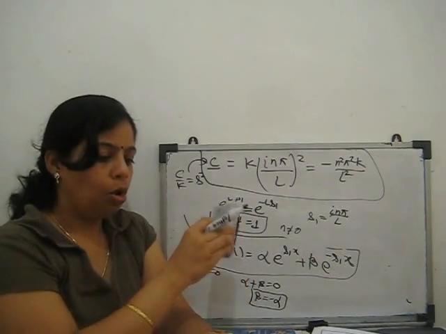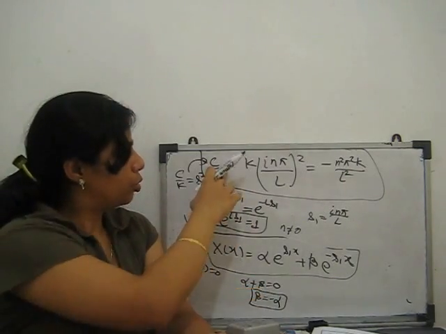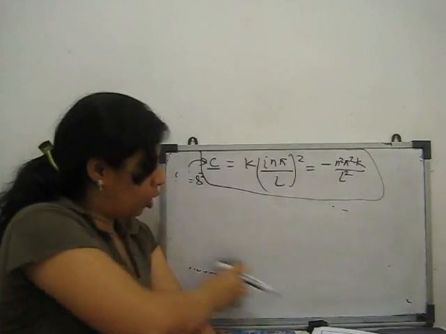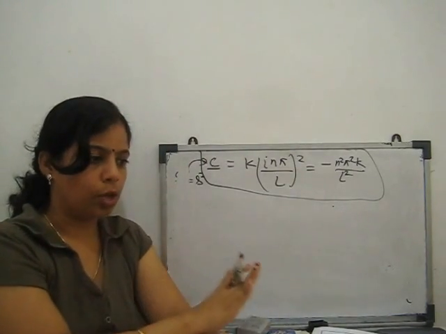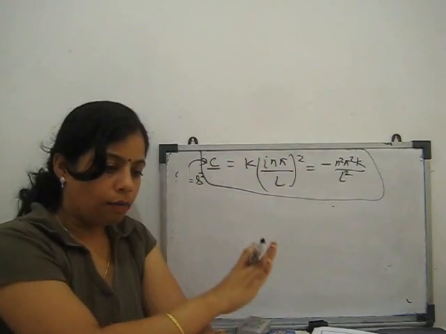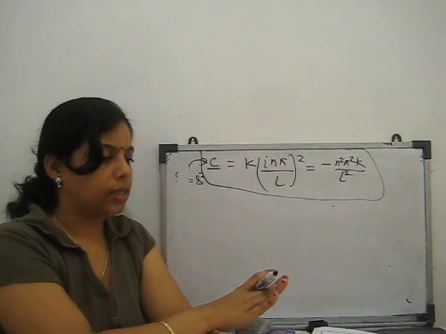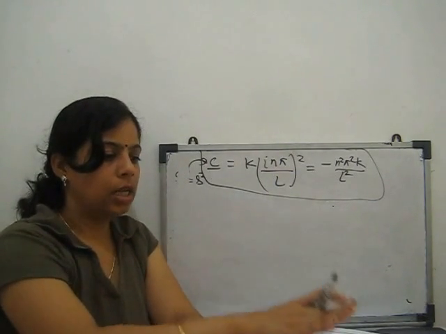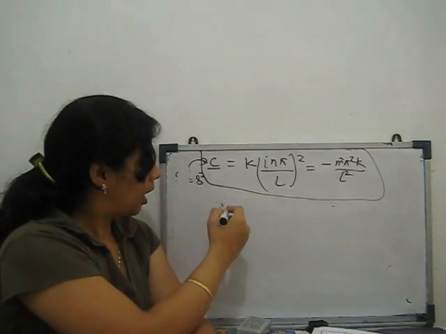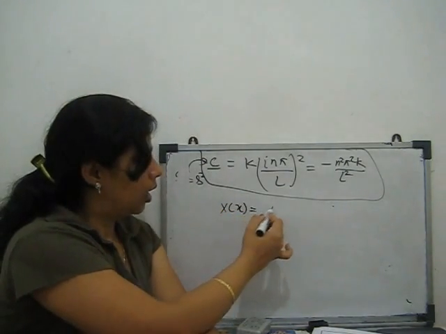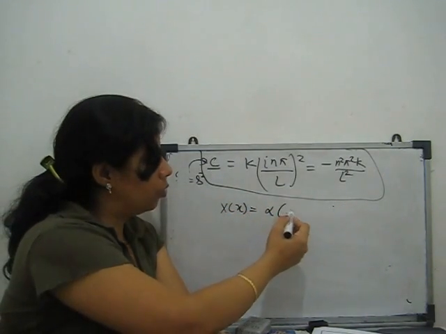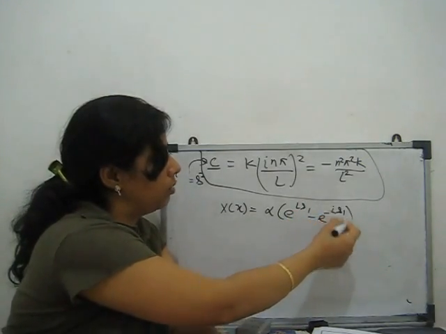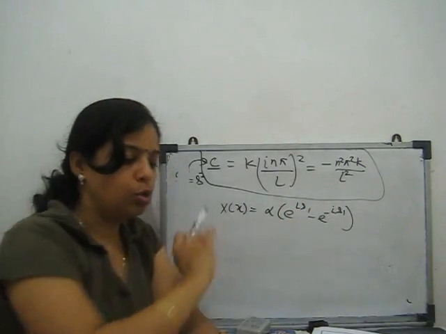Next we go for the substitution of this C in the solution of X. What is our X equation? X is alpha e to the power S1 x minus e to the power minus S1 x, equal to 0.